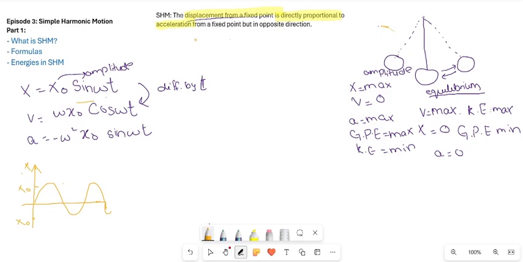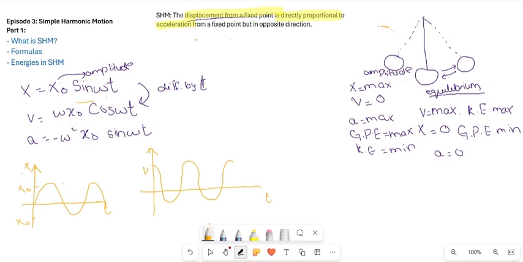And then if I were to draw for the velocity, this is velocity and this is t here. Now, how do cos graphs start? They start like this, and then this, and then this.